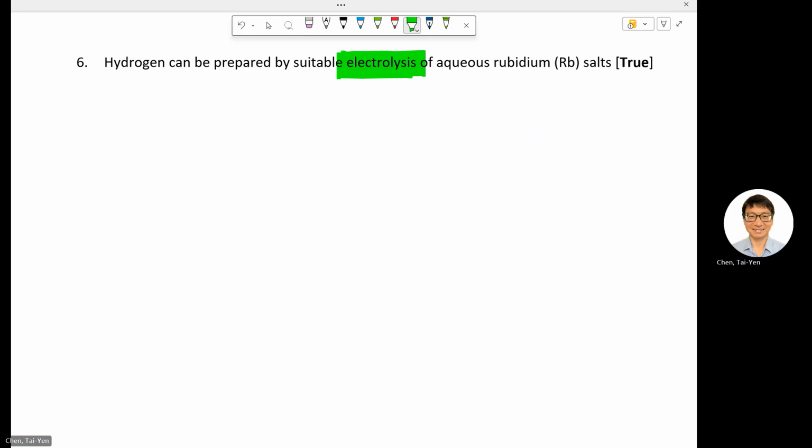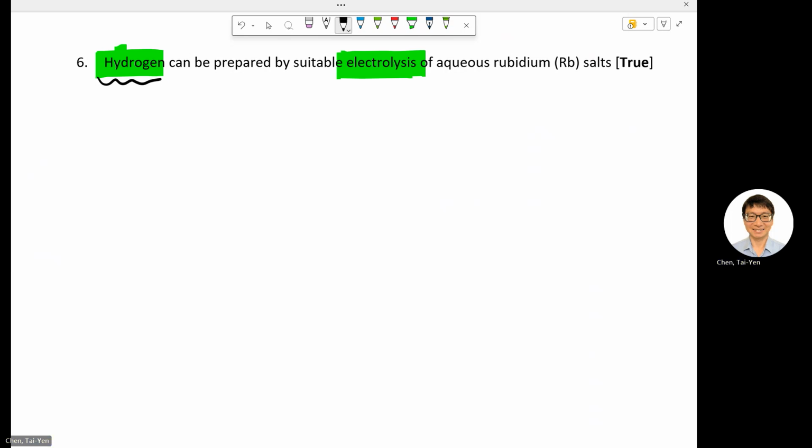So now, the other keyword that shows up here is hydrogen, right? Hydrogen and oxygen are the two unique molecules when you do the electrolysis of water, right? So what this tells you is that you want to compare the reduction potential of water to certain species, right? Because H2 is the reduction product.